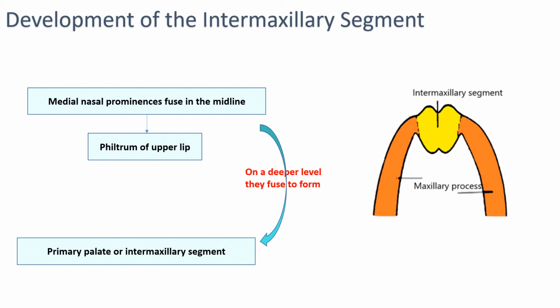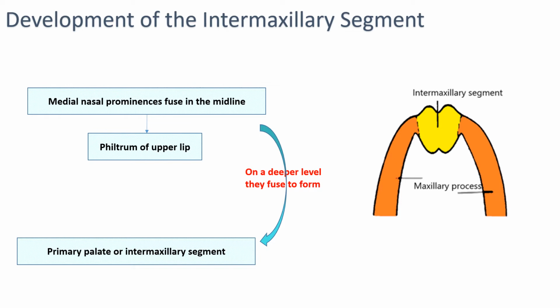So if you can recall now, as a result of growth, the maxillary prominences start to come together in a more medial direction, and the two medial nasal prominences are able to merge together.